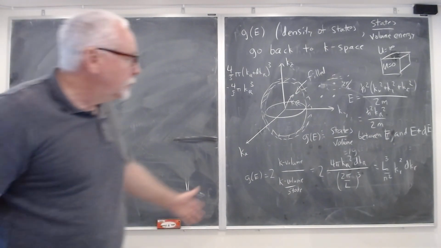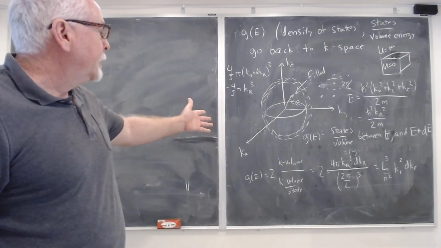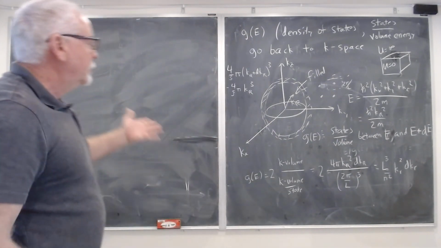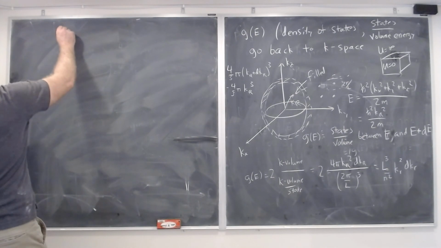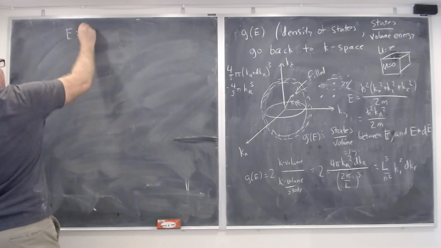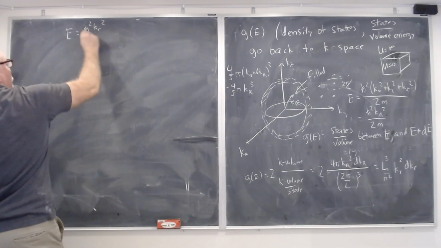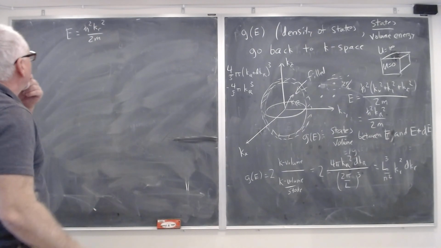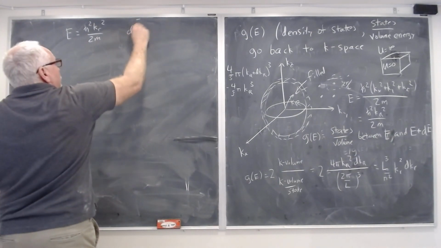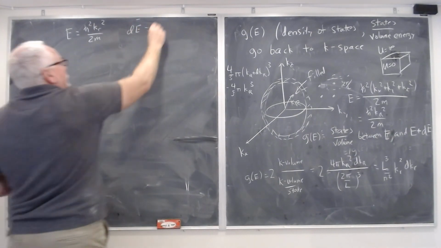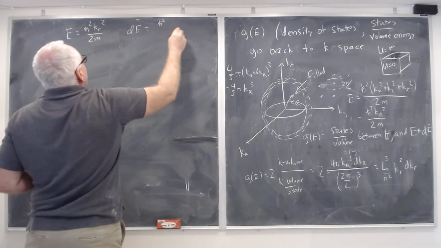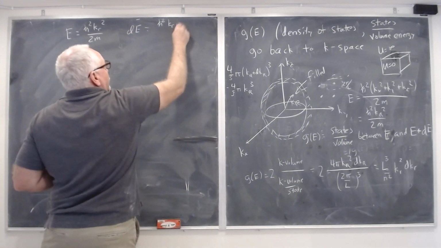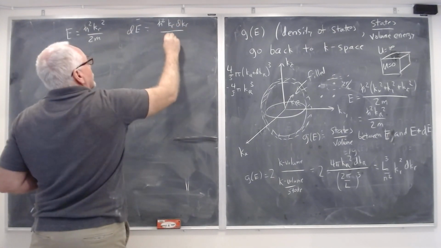All right, now, what I said I wanted is the states between E and E plus dE. Well, the way we get that is because E is equal to h bar squared k_r squared over 2m. And so dE, taking the derivative, is h bar squared, with the 2, that cancels that, k_r dk_r over m.